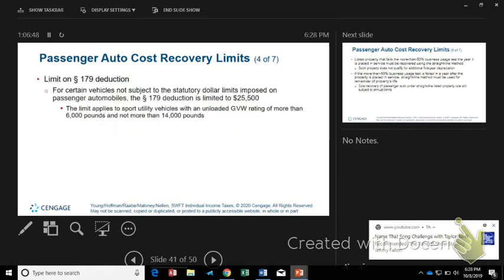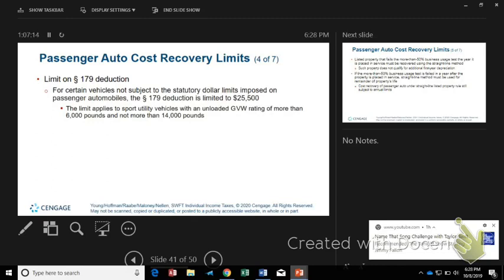And then let's look at the next one. Okay, so then we got another type of car. We got a car that goes over a certain weight limit, a pound limit. When you have a car that is not subject to statutory dollar amounts, then that section 179 is up to 25,500.